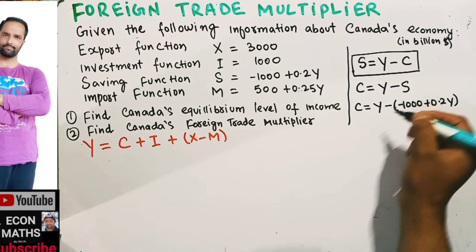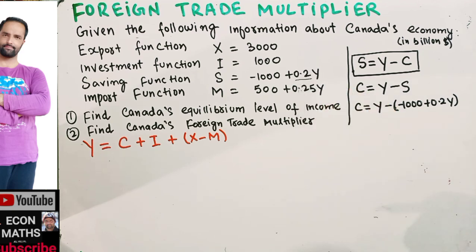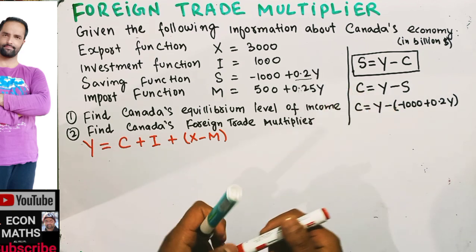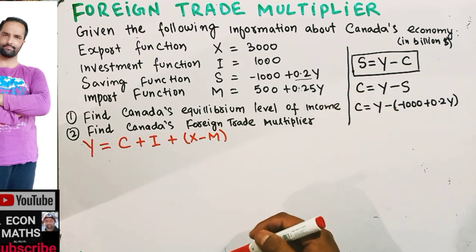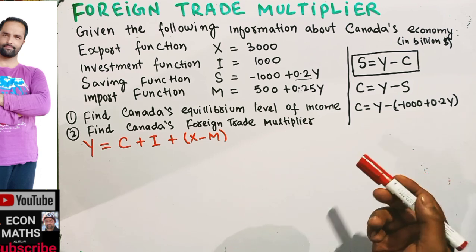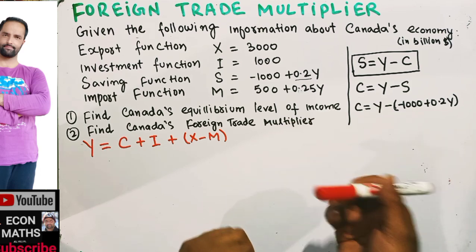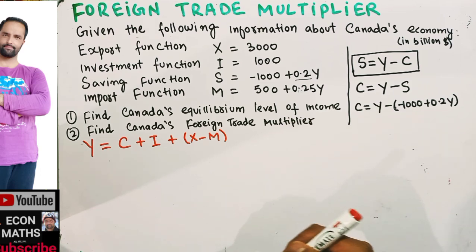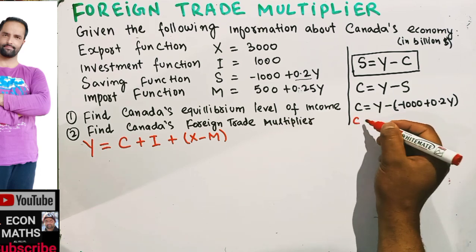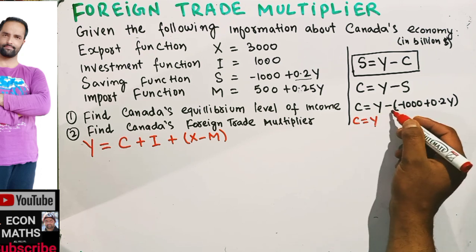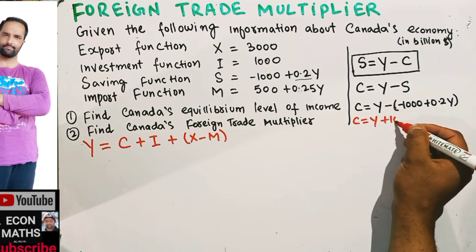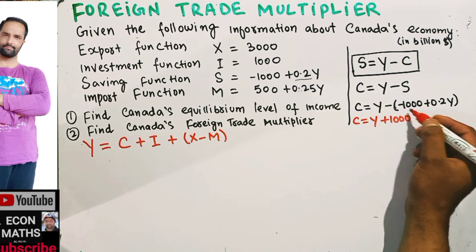And what does this 0.2y tell us? It is actually our marginal propensity to save. How much we save when there is a $1 increase in our income is called the marginal propensity to save.